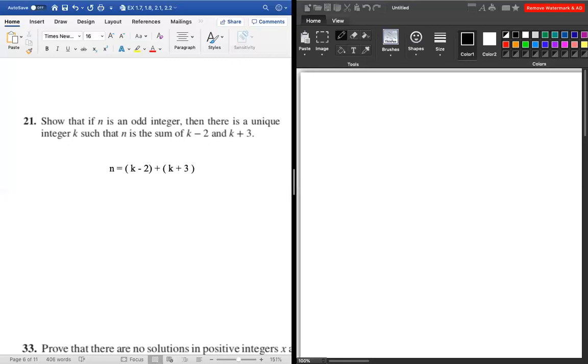This is small n. So n is the sum of k minus 2 and k plus 3.